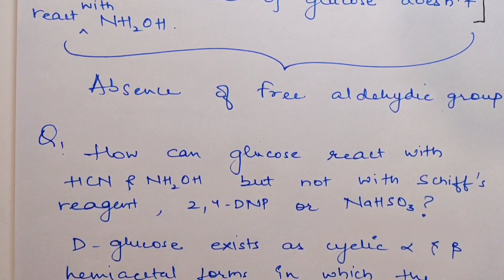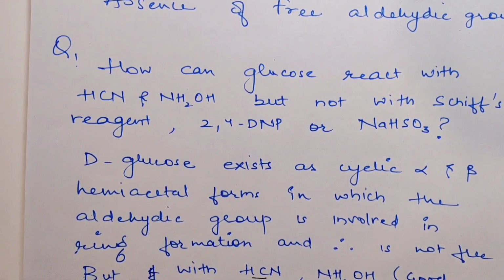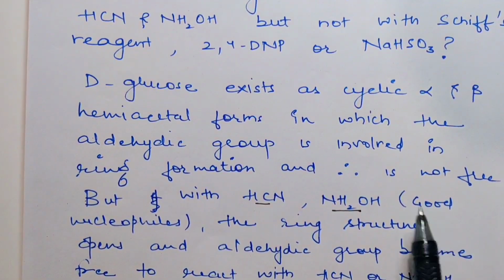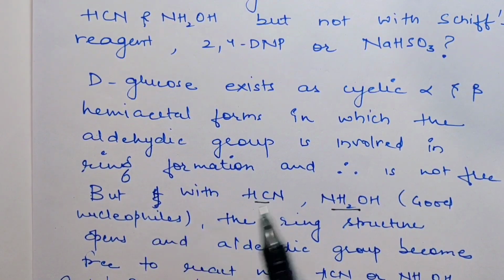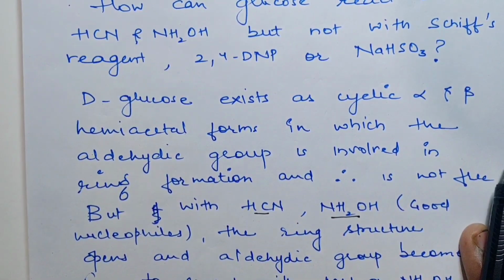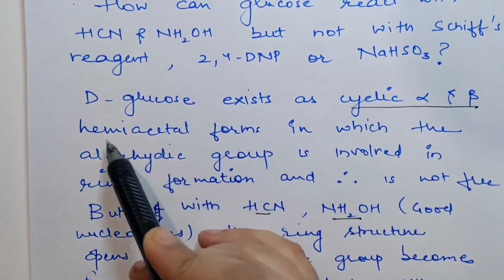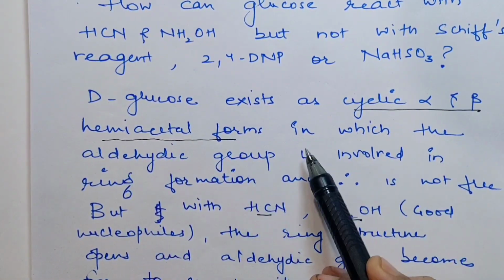That is because HCN and hydroxylamine are good nucleophiles. What happens is glucose actually exists in a cyclic alpha-beta hemiacetal form, which we will see in a while.